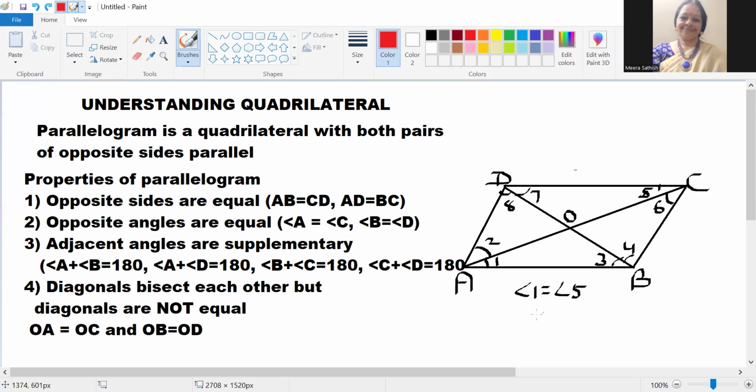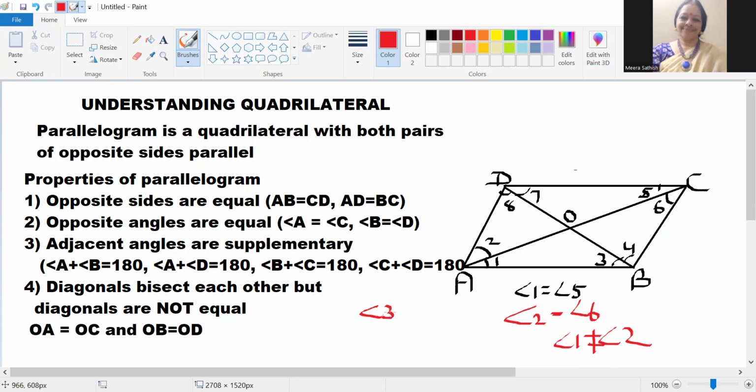Another pair, angle 2 equal to angle 6. But don't think that angle 1 and angle 2 are equal. No. Angle 1 not equal to angle 2. Okay. Now angle 3 and angle 7 are equal.